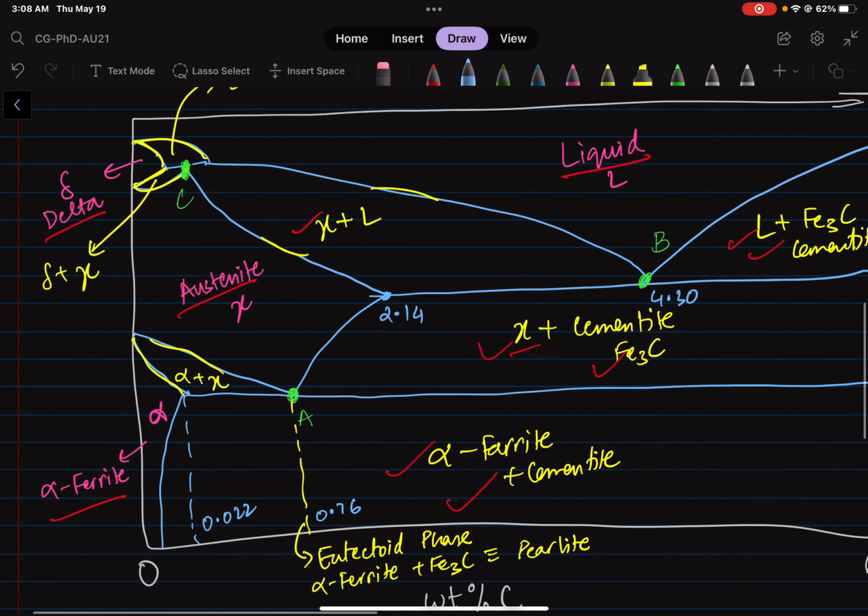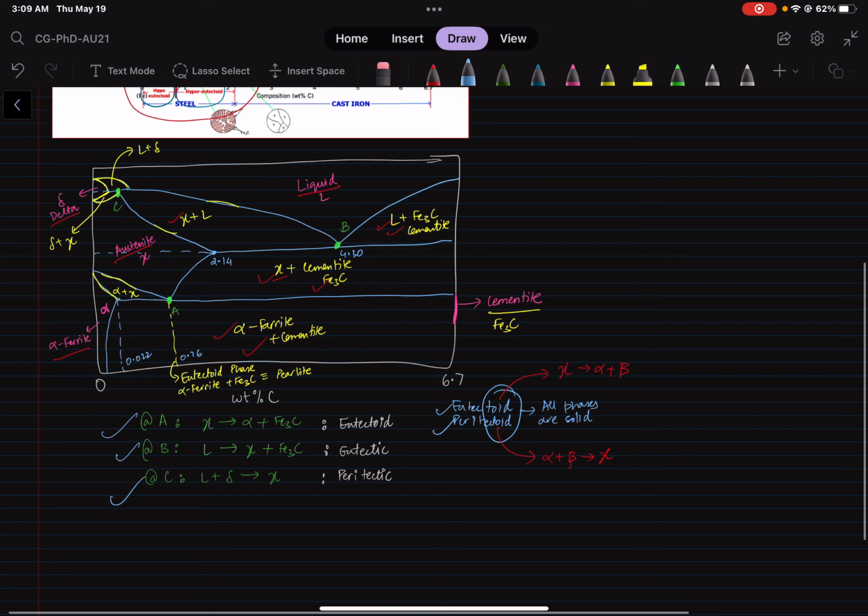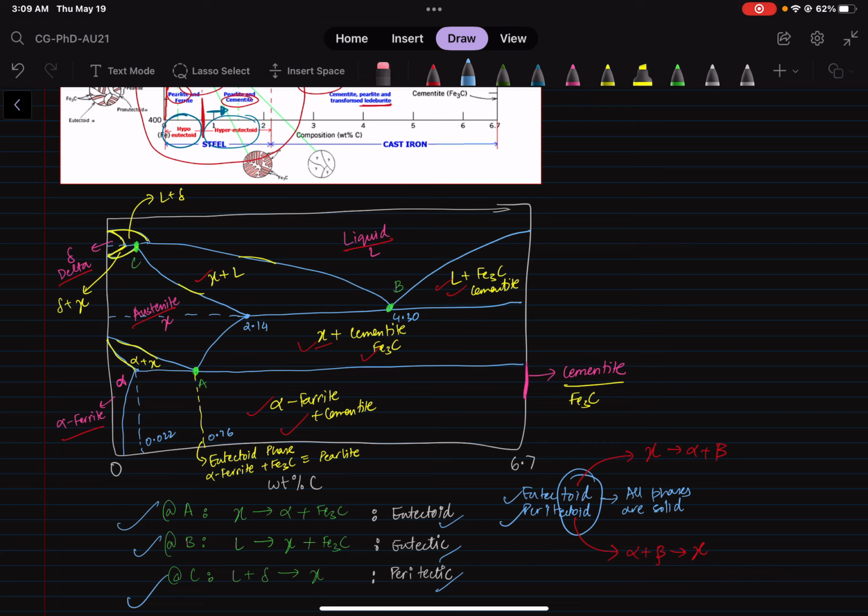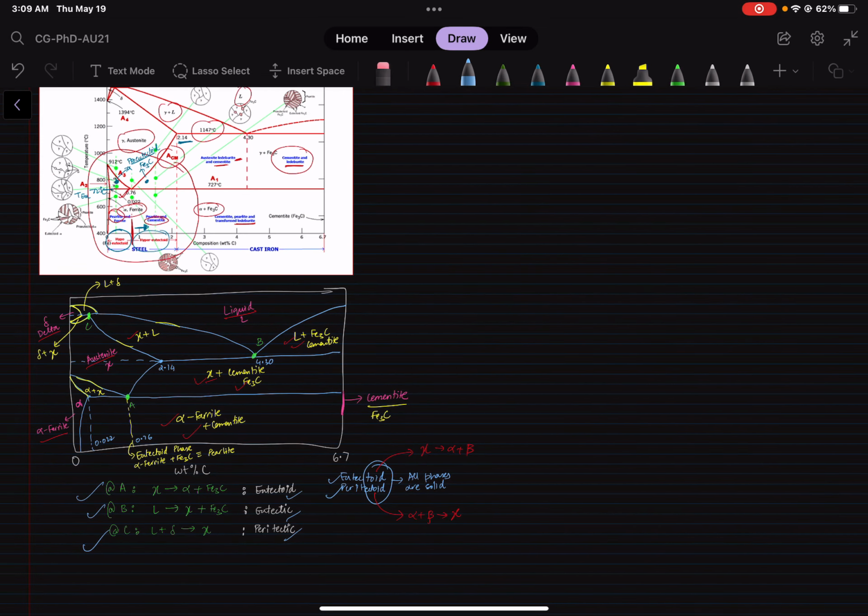And then, yeah, you can try to memorize these temperature values. But I would say at a minimum, have this knowledge, and all the labeling knowledge for the phases. And then if you can, also try to memorize the composition and temperatures, but keep that towards the latter part during the review. All right, then, thank you.